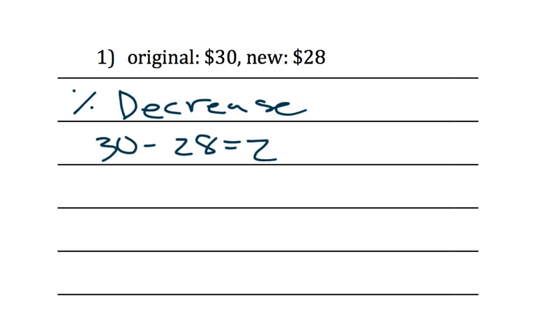Don't worry about whether it be negative or anything, just find the difference. So it changed by 2. Well, if it changed by 2, that means that I'm going to take the change and divide it by, or set up a fraction really, over what it originally was. So it decreased by 2 compared to the 30 that it was.